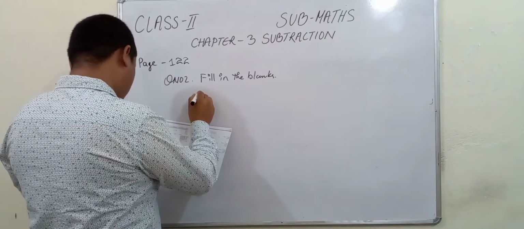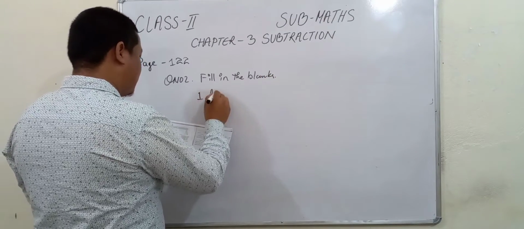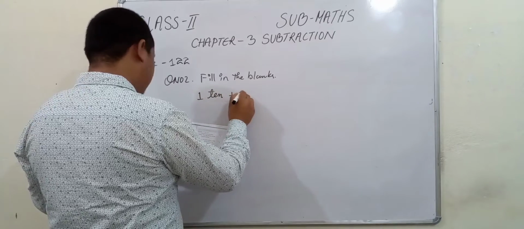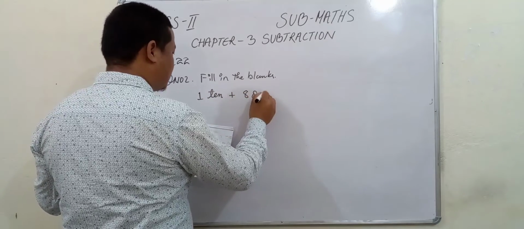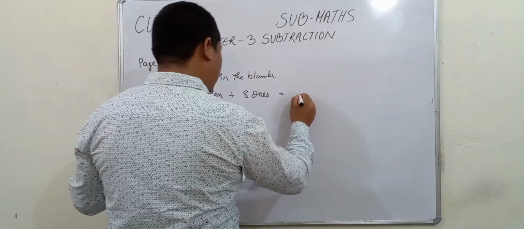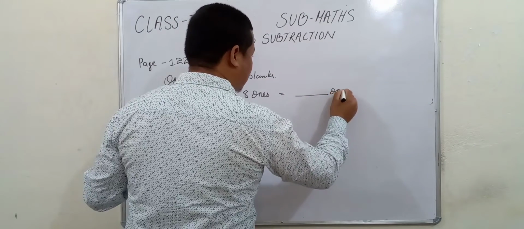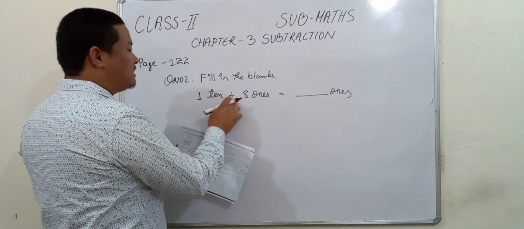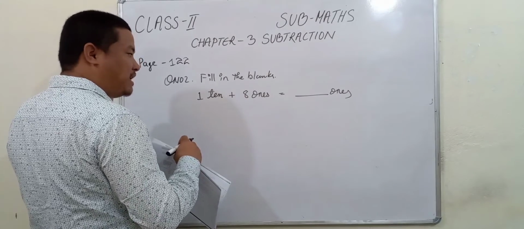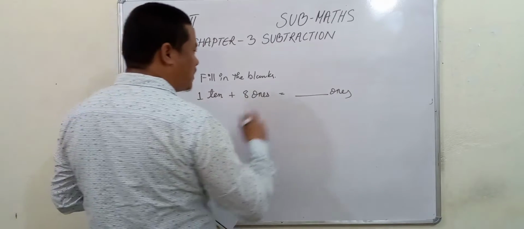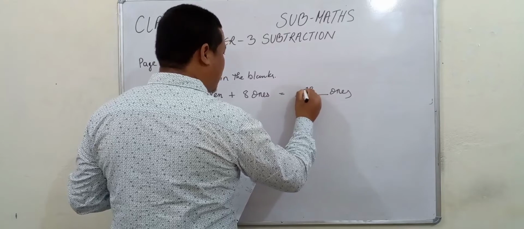Okay. 1 ten plus 8 ones equal to dash ones. 1 ten plus 8 ones. That means 10 plus 8. How much do we get? 18. So right here 18 ones.